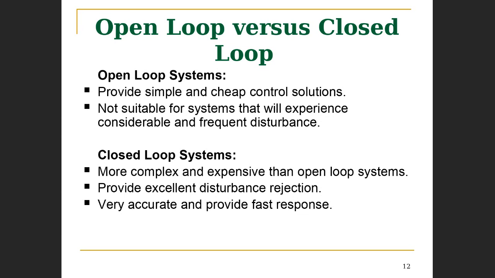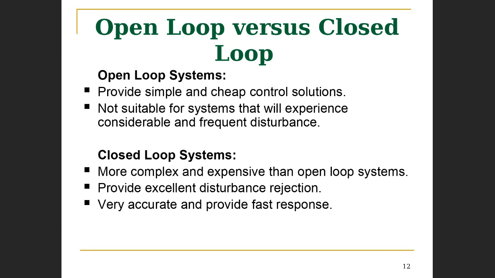If that conveyor belt system had feedback information, that means you're measuring the belt speed, you can now make adjustments to the drive power, and then you'll be able to maintain the belt speed in the presence of disturbance. So this is a comparative look at the 2 types of systems in terms of their performance.